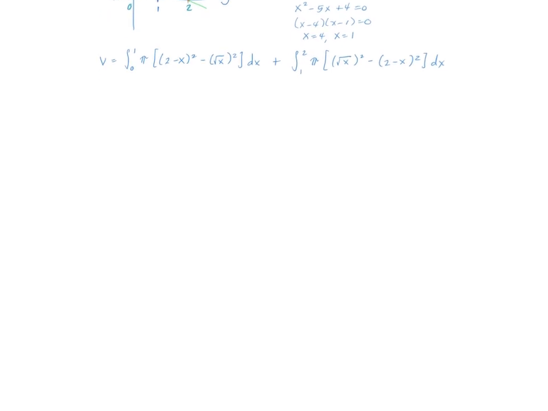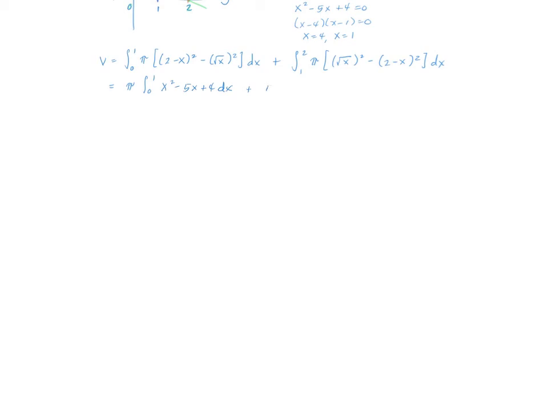So it's just a matter of doing the computation. Again, I'm going to pull out the pi and integrate. After I multiply everything out and clean this up, I get x squared minus 5x plus 4 dx.